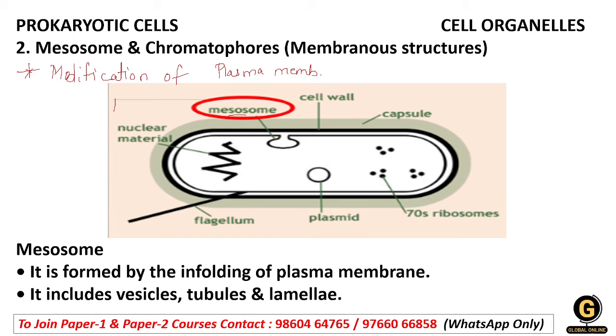Mesosome also called as lamellosome. Now, lamellosome includes, see, it is formed by the infolding of plasma membrane. Infolding also called as the inwarding of the plasma membrane. Yes, students. Next is, it is showing vesicles, tubules and lamella.